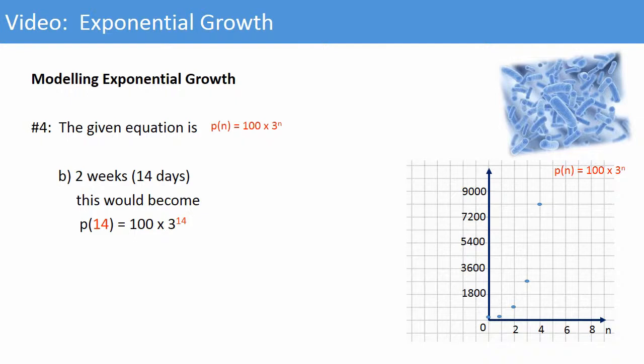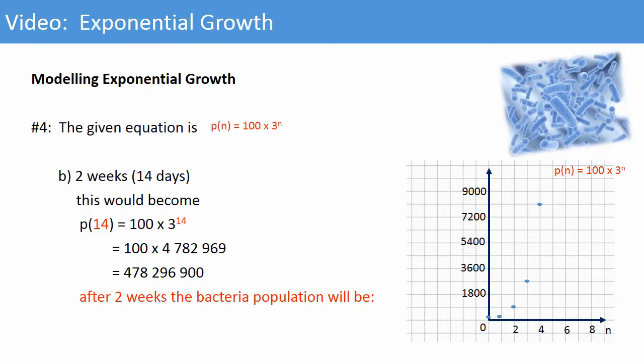Again, replacing the value 14 for n, which would equal 100 times 4,782,969, which gives us the huge number of bacteria, 478,296,900. So after 2 weeks, the bacteria population will be 478,296,900 bacteria.